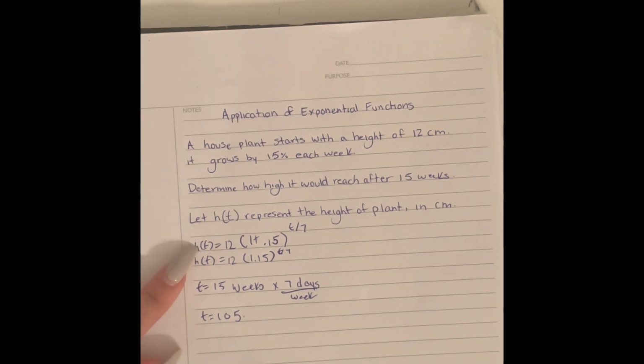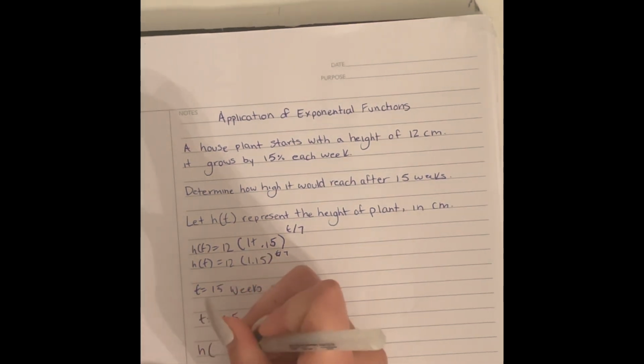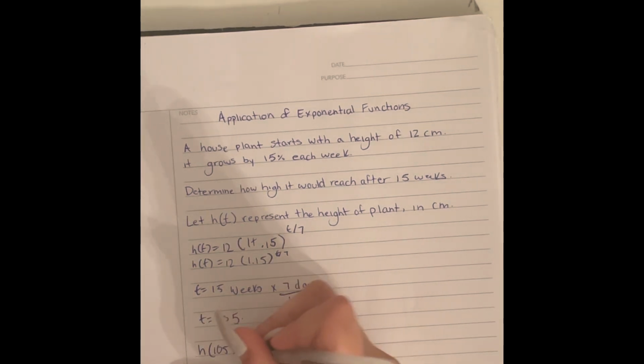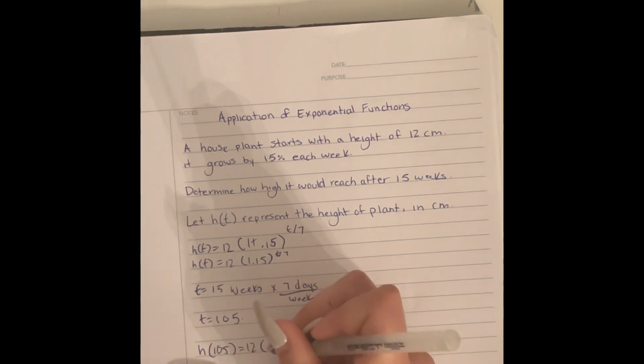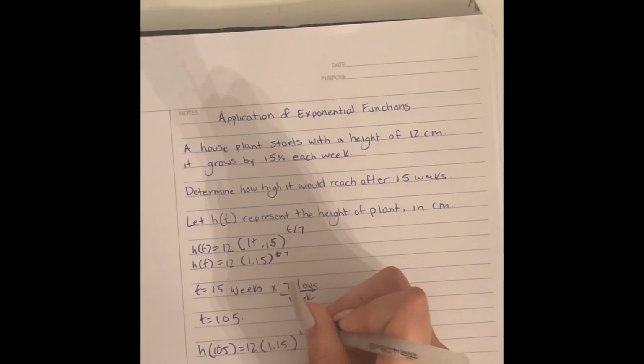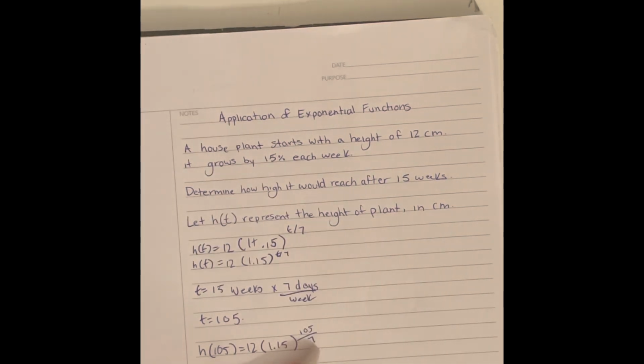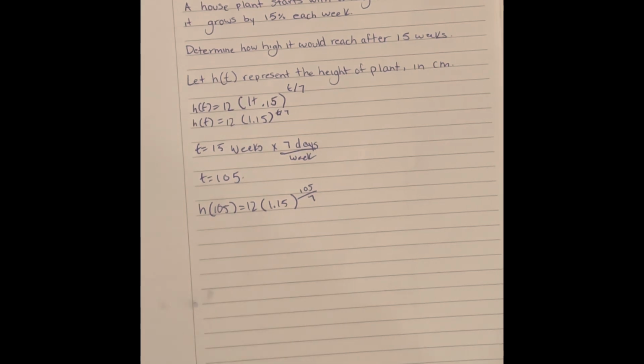We're going to put this back into the equation we made. So the height at 105, our t value, is going to be 12 times 1.15, the growth rate, to the power of 105, our t value again, divided by 7, which is 1 week.